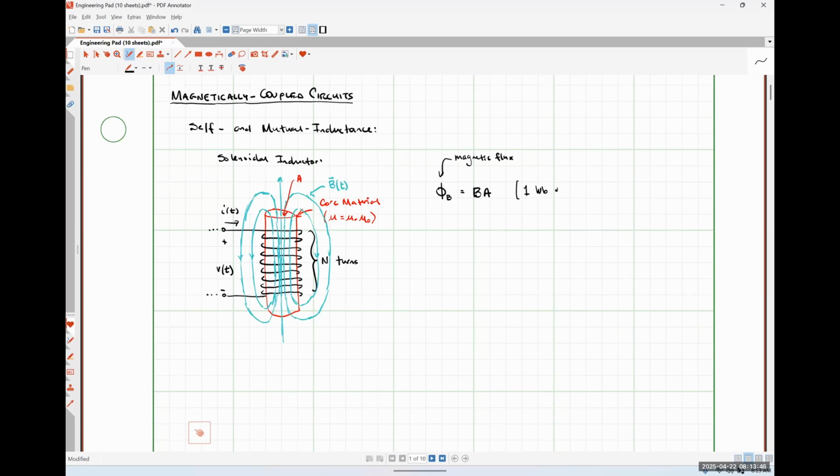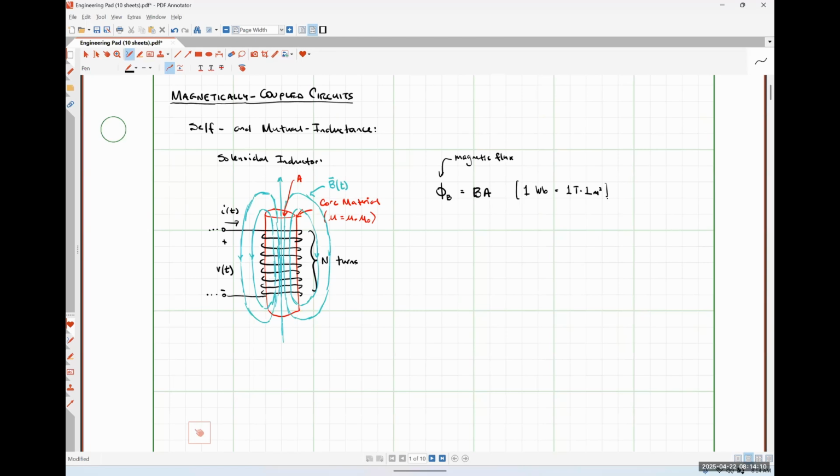So a Weber, based on our mathematical description here, is going to be whatever the unit of magnetic field is, which happens to be a Tesla, times a square meter, because that's area.